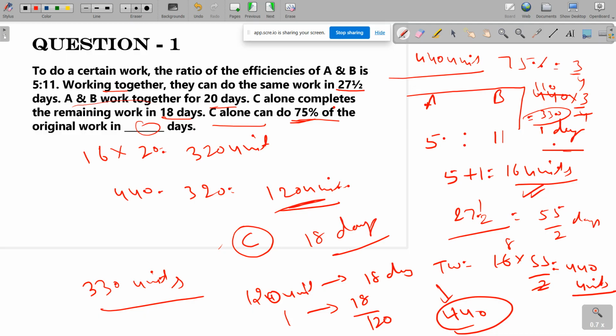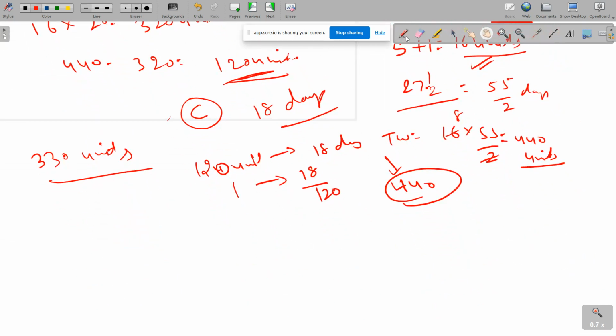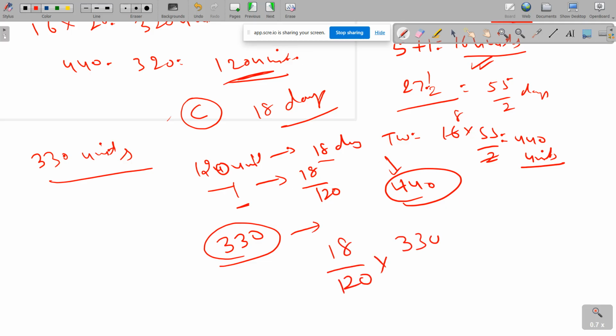Let me make some more space. 120 units can be completed by C in 18 days. One unit can be completed in 18 upon 120 days. We need the time to complete 330 units, because it is 75% of the original work. So how much time will C take? 18 upon 120 into 330.